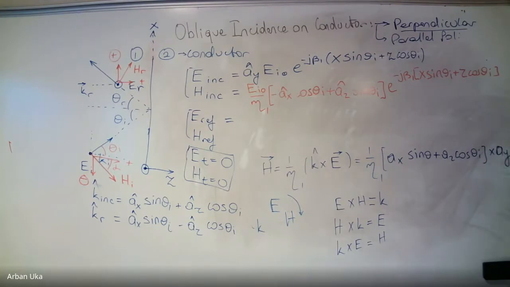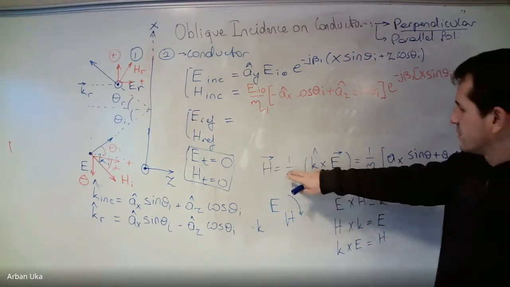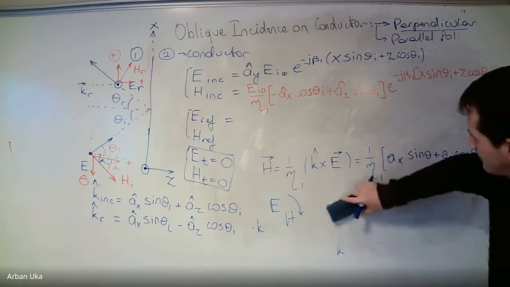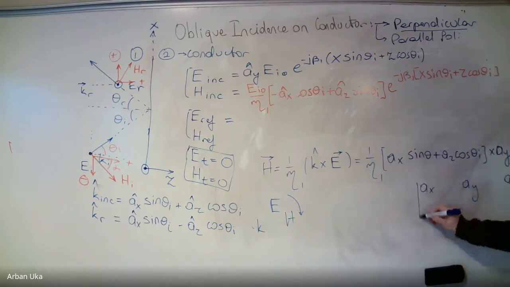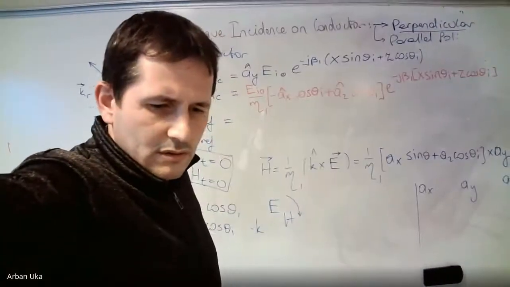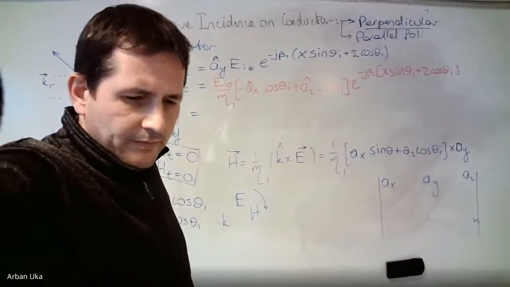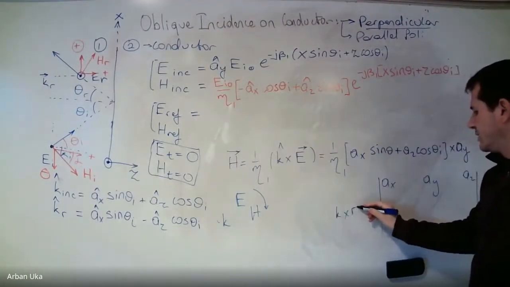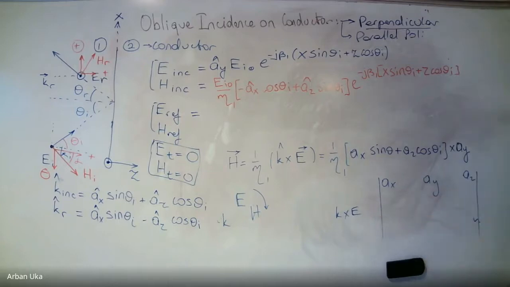And then to determine the correct results for this H, we could do the following. So here we have AX, AY, and AZ. And this would be like a cross product. Sorry, you cannot see all of it. Okay. So, and here we have K cross E. K itself is equal to what?